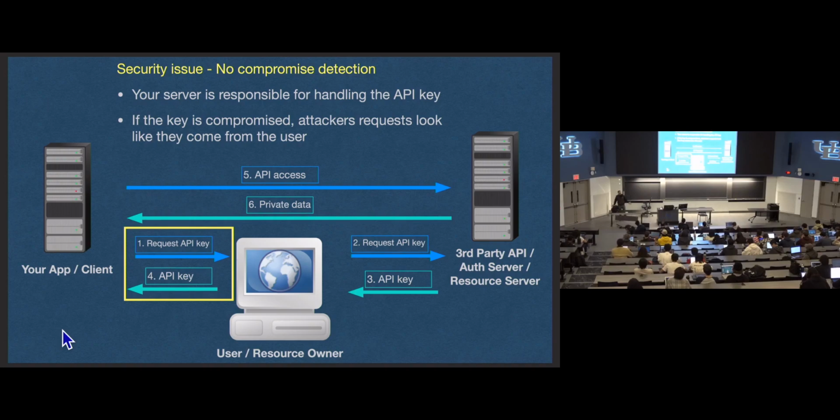We have no way to detect that, and it just looks like legitimate usage from a user. It does go back to accountability, but there's no way for us to show that we're not the ones who leaked that key. Who knows? It could have been the user who leaked that key. They're going to blame us, we're going to blame them, saying you must not have been careful with that key. Somebody leaked it, but we're never going to know who.